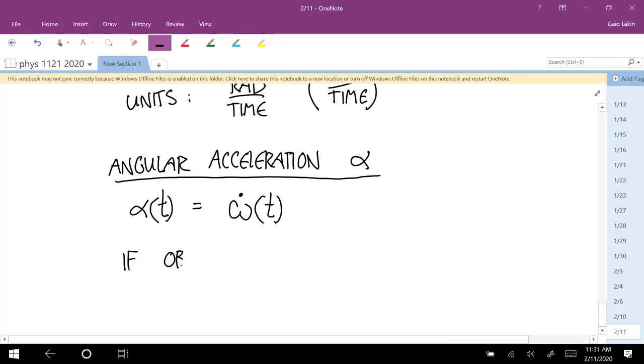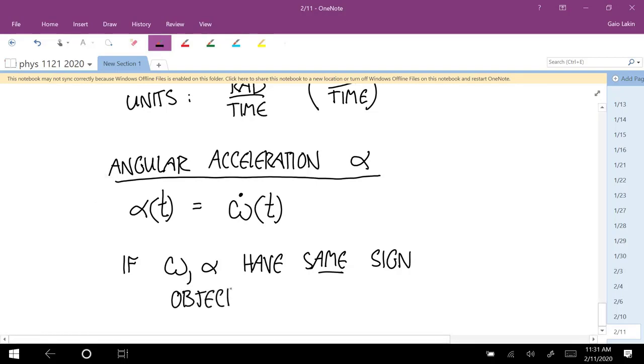Let me reword this. If omega and alpha have the same sign, what would you guess is happening with the object's motion? Yep.